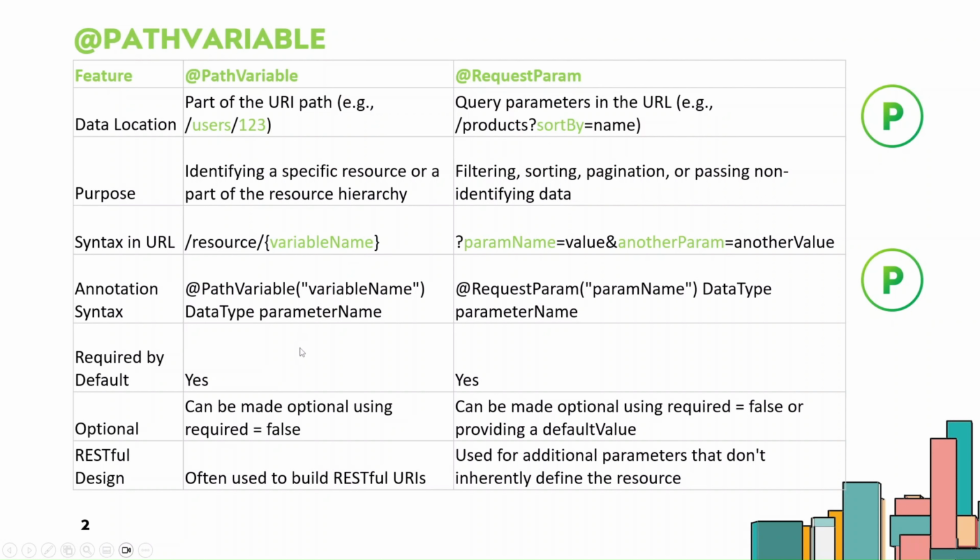Same here: when you use request param, that particular param should be given or sent. Otherwise, we get exceptions. You can mark it as optional and provide default values. That's the other way of handling it. When you say required equal to false, you should provide default values in both cases.